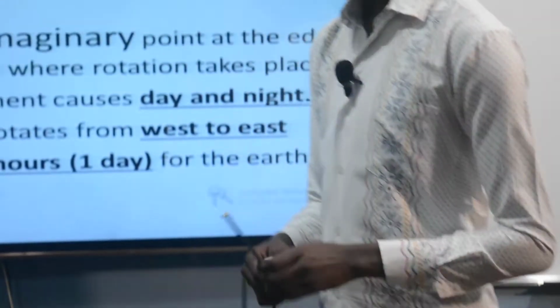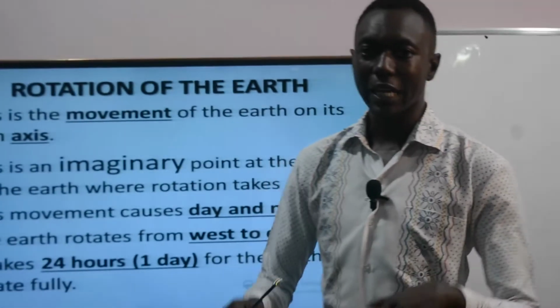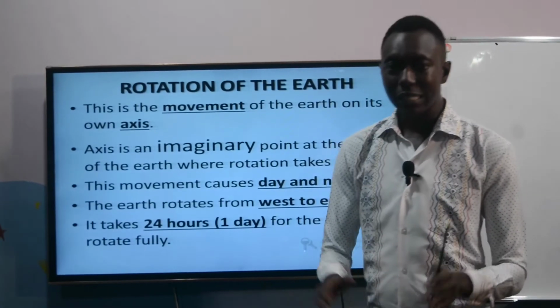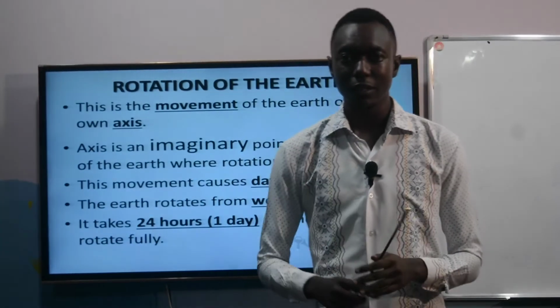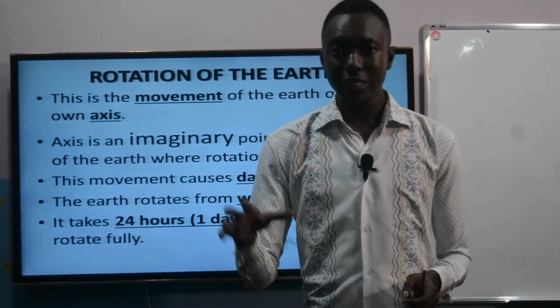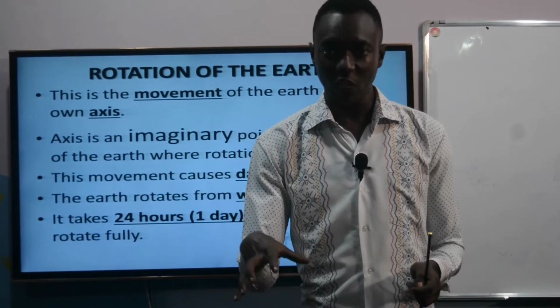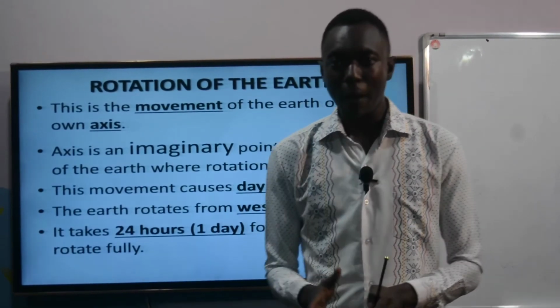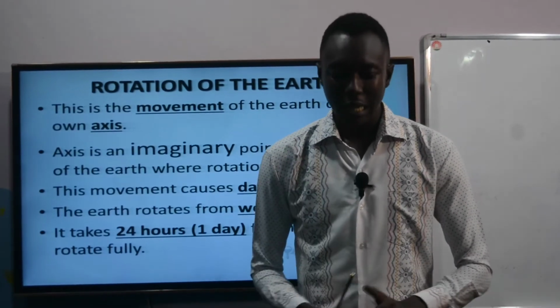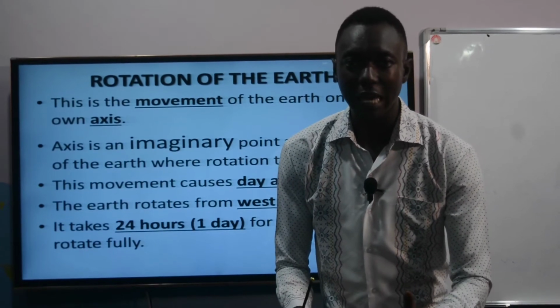Good. What does rotation of the earth do? This movement causes day and night. In other words, when sunlight is thrown on earth, part of the earth receives the sunlight and the other part does not.